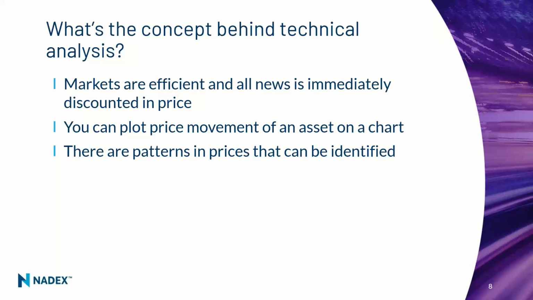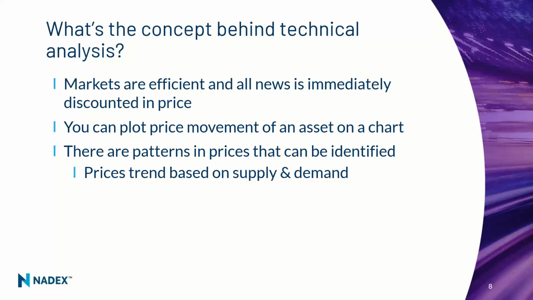You'll look at a chart, and we're going to talk about what's put into that chart. But you could look at a chart and plot the price movement, and since it's efficient markets, prices are going to move, and you're going to see patterns form. The way the price would move, if there's new news in the market, would adjust the price of an asset.